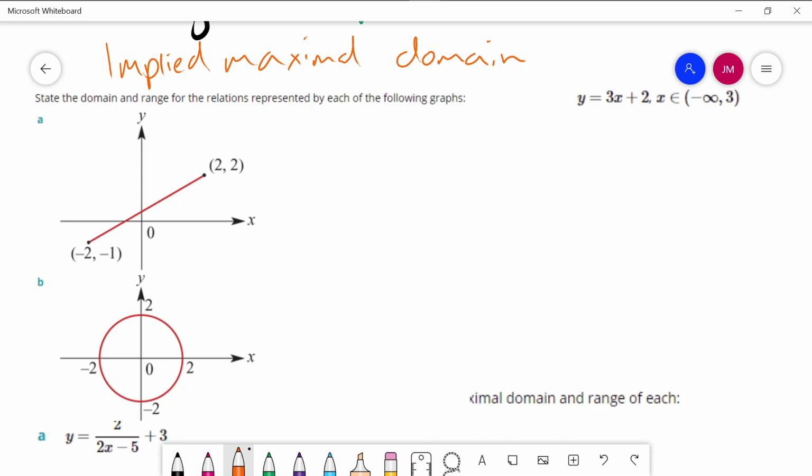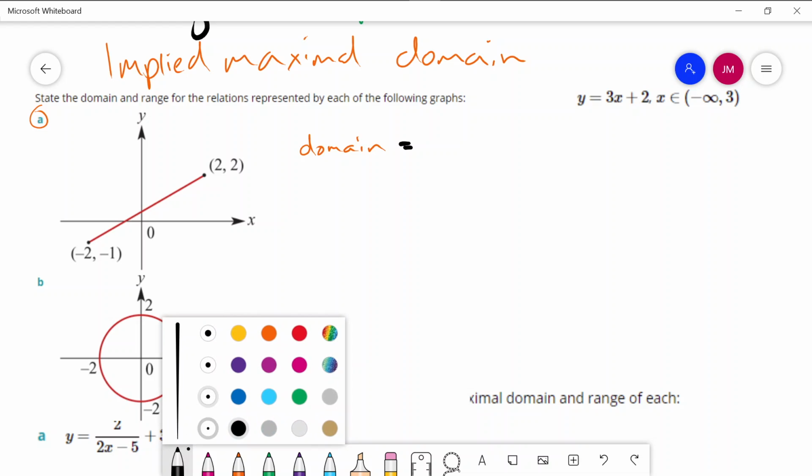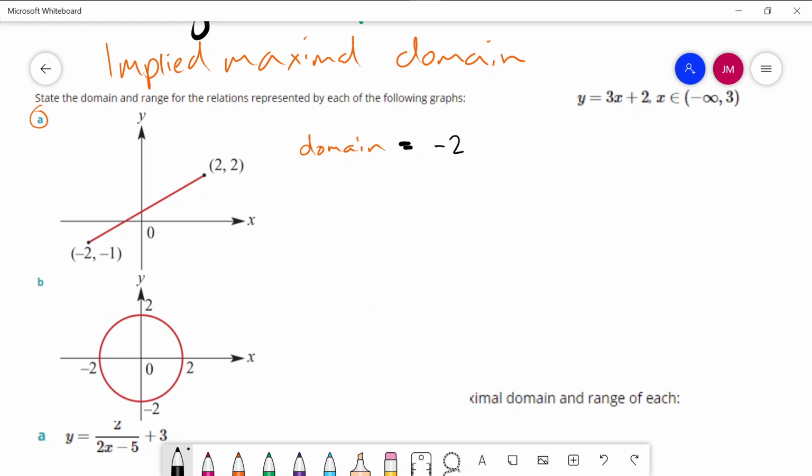The first one up here says state the domain and range for each of the relations represented by the following graphs. So we can look at question A here. We can see you've got a straight line linear equation, and it's going between the points (-2, -1) up to (2, 2). So we could write the domain, which is our x values. We can see that the smallest possible x value is -2, and we see it's a coloured in circle, so we have a square bracket, and it goes up to +2, so it'd also be a square bracket.